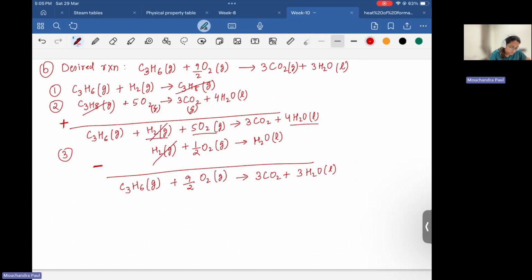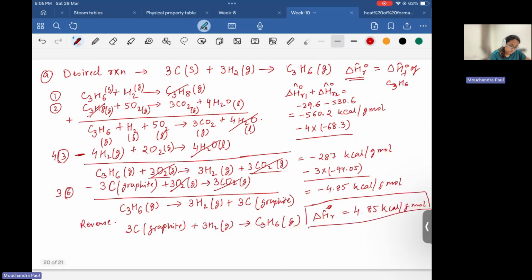Now if you follow these steps for calculating the heat of reaction for the final expression, first let's add up heat of reaction 1 plus heat of reaction 2.